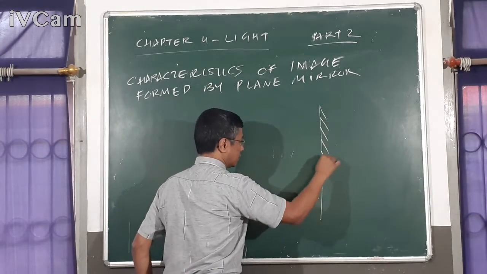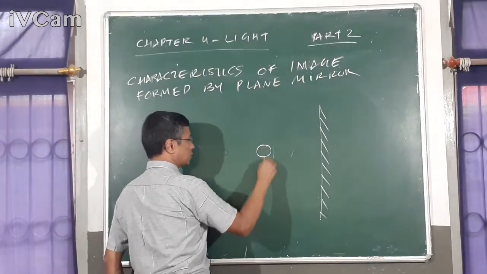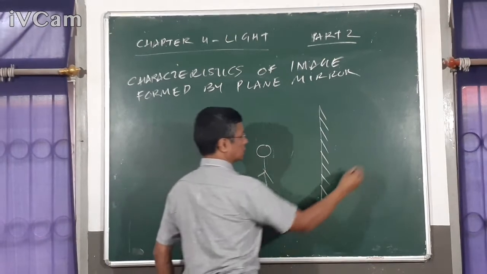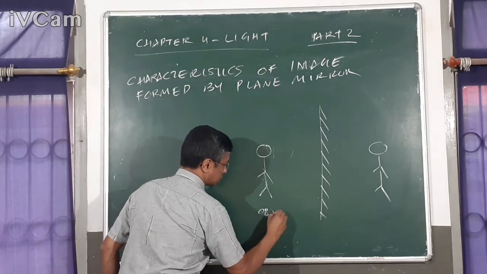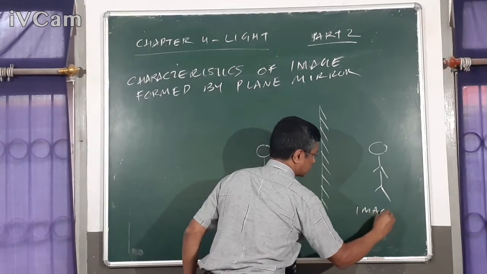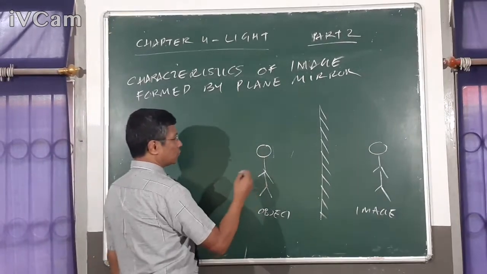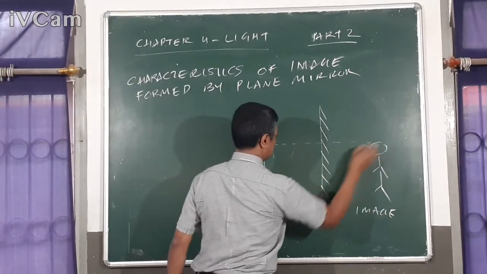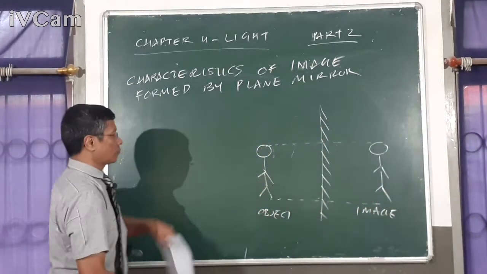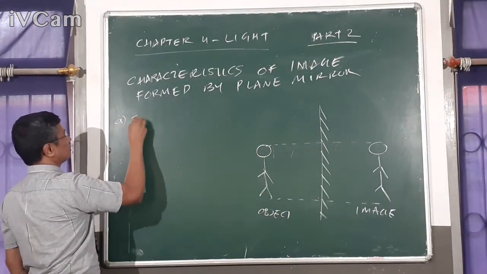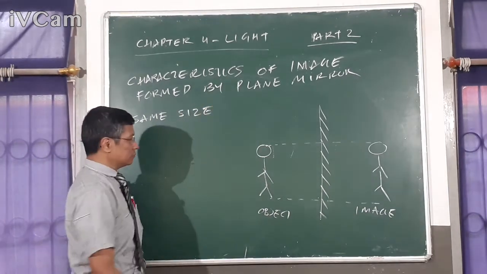If this is the plane mirror, this is the back, this is the reflecting surface, and let's say this is the object. So you are standing there and this is your image. This is the object and this is the image reflected. Now what are the properties? First of all, you notice that the size of the object and the size of the image is the same. So that's the first property: the object and the image are of the same size.